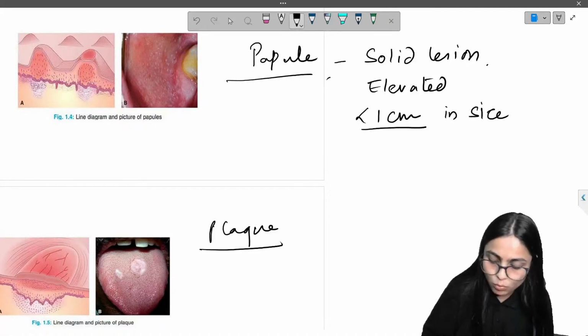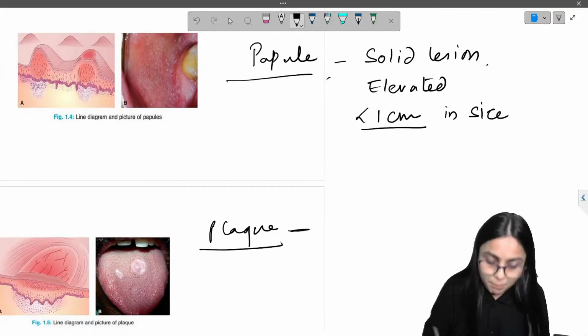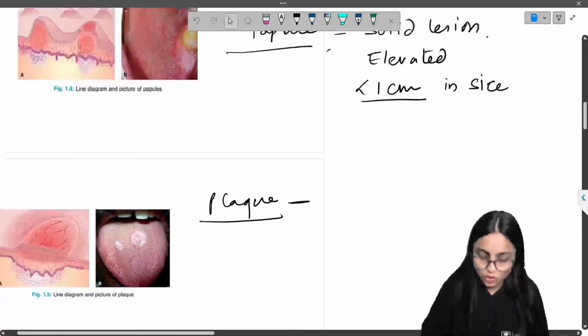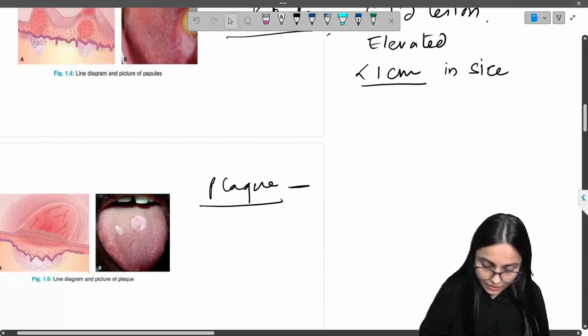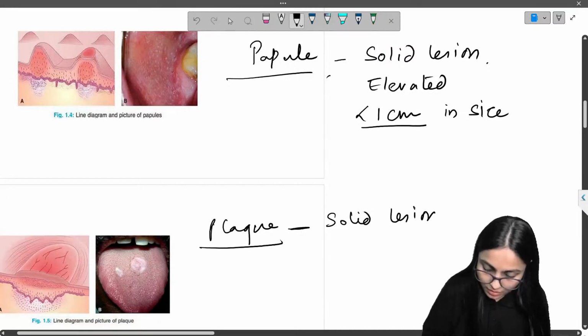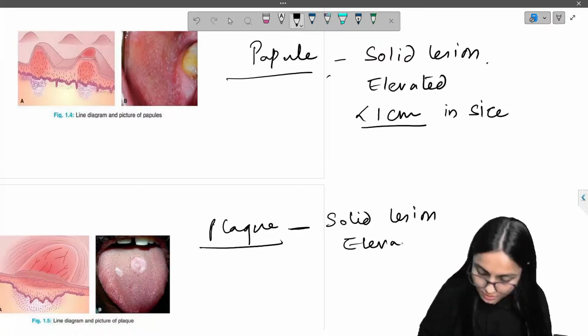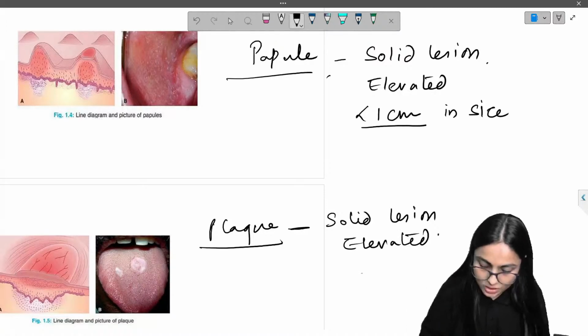Plaque is also a solid lesion, also elevated from the surface, but it is greater than 1 centimeter in size.